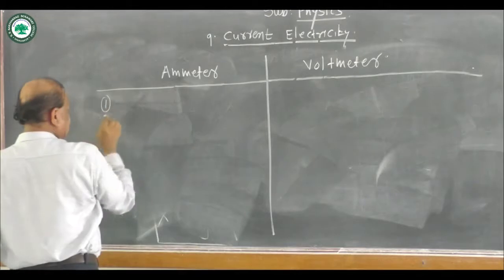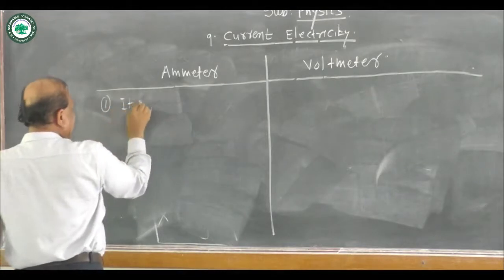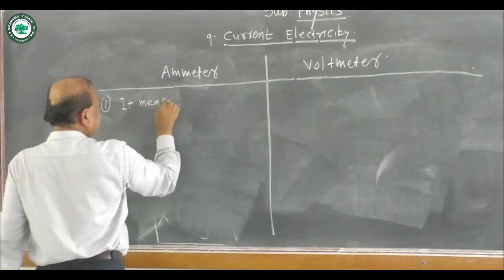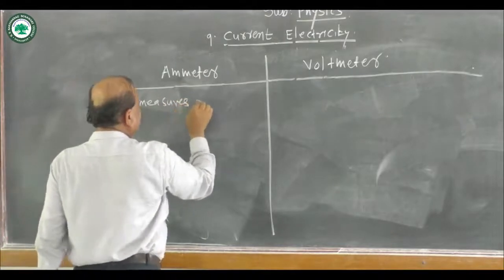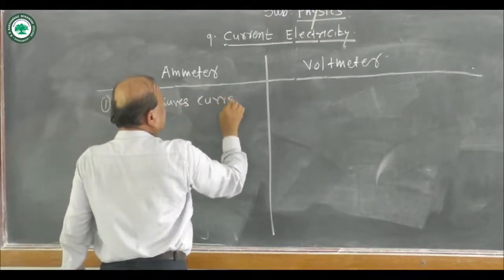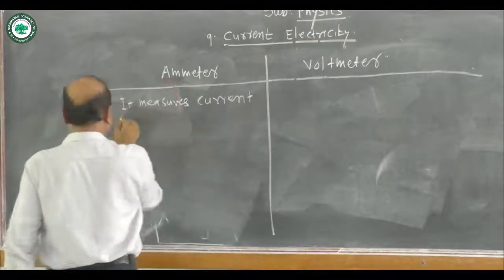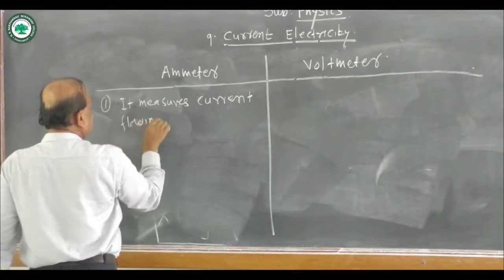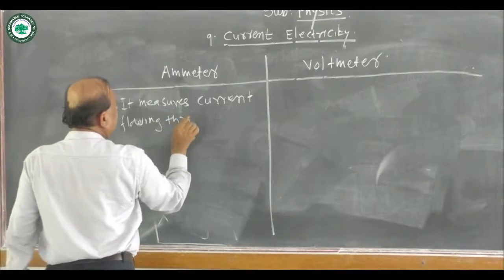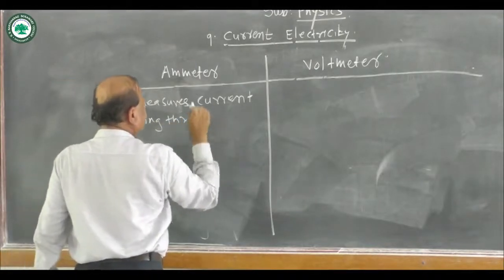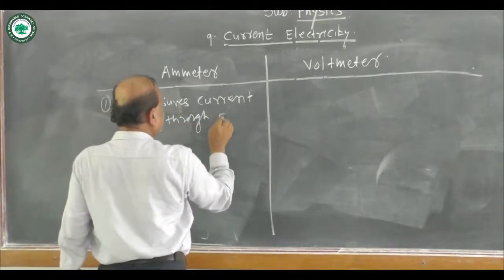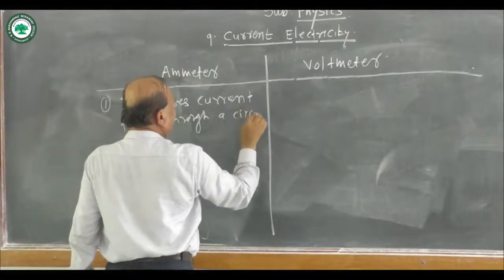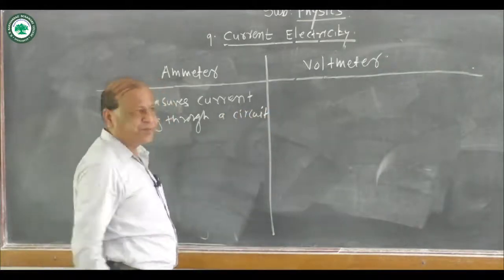First point: the ammeter measures the current flowing through a circuit.